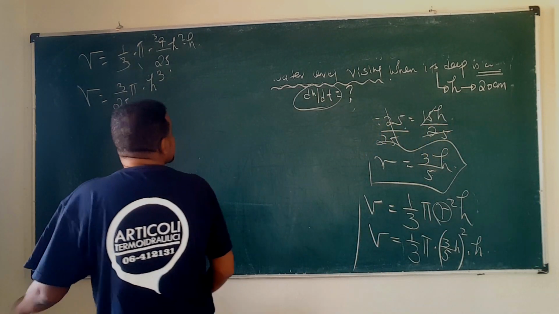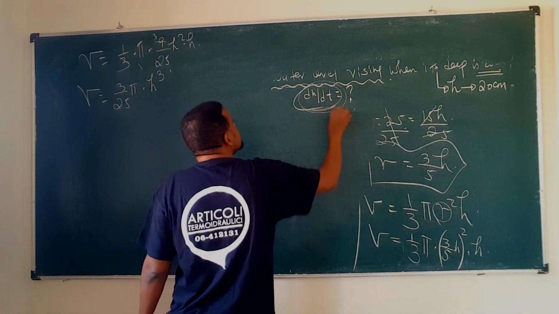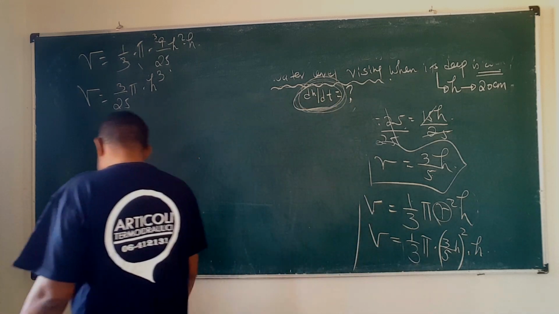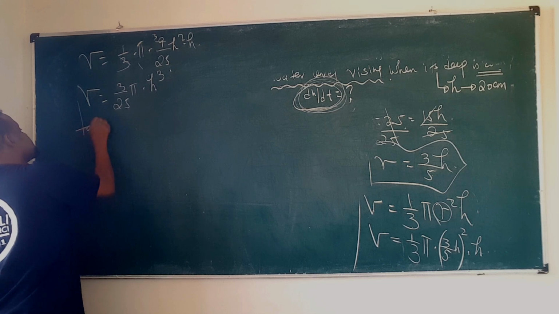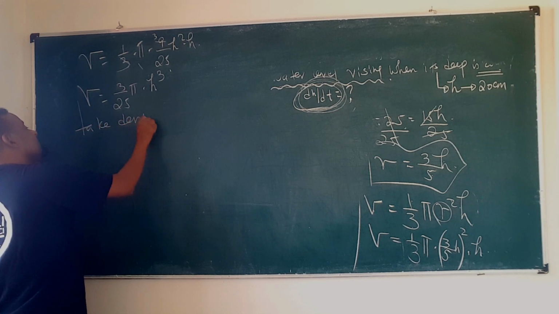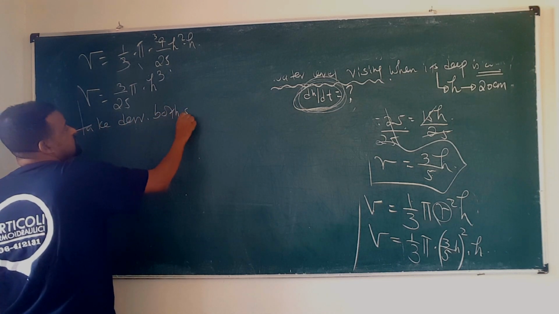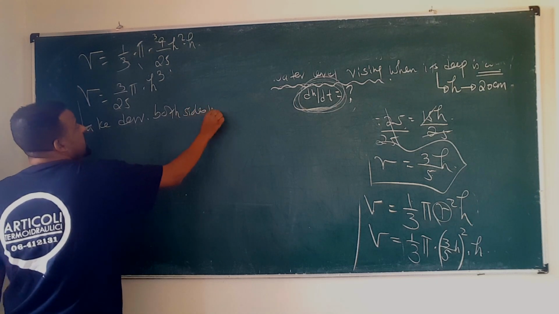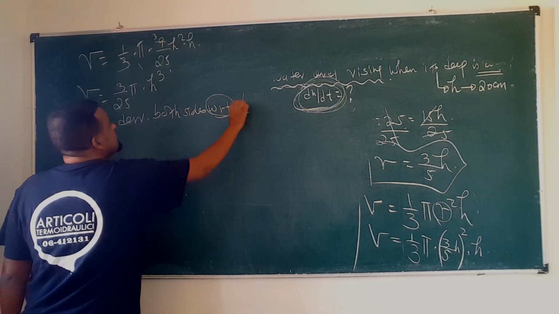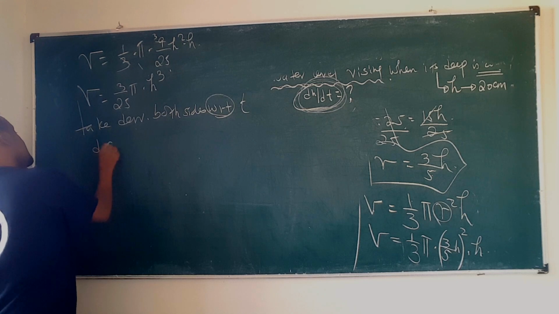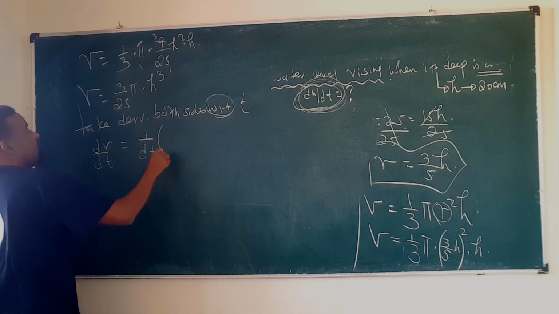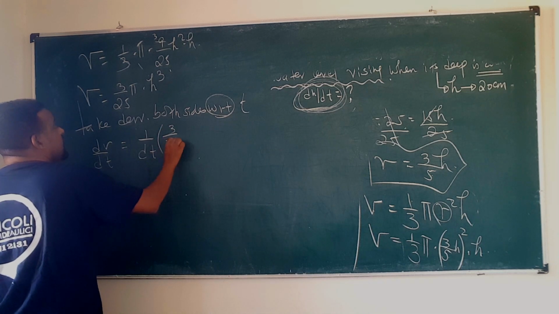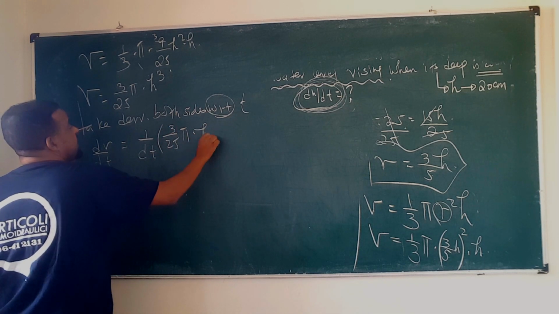Our problem is finding the rate at which the height of the cone is increasing. So take the derivative of both sides with respect to t. So dV/dt is equal to d/dt of 3 over 25 pi times h cubed.